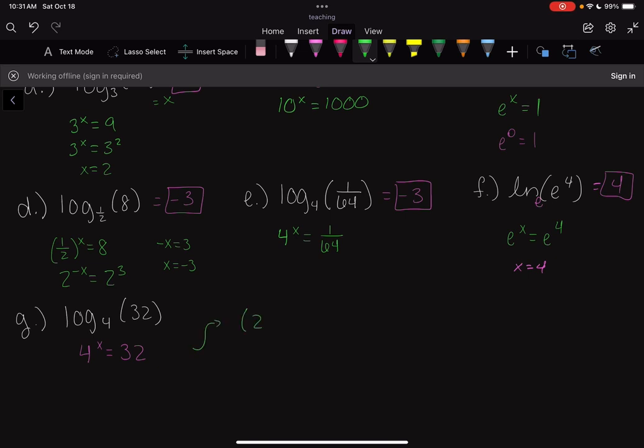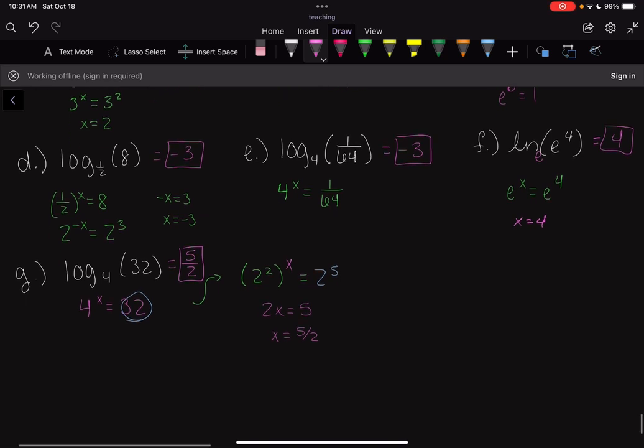So 4 can be written as 2 squared, and 32 can be written as 2 to the 5th. And so I'm using that property from last time, where if your bases are the same, you can look at the exponents. So this would be 2x equals 5. So x equals 5 over 2. We'll actually do more like that a bit later, but it's something that I felt I could introduce now.